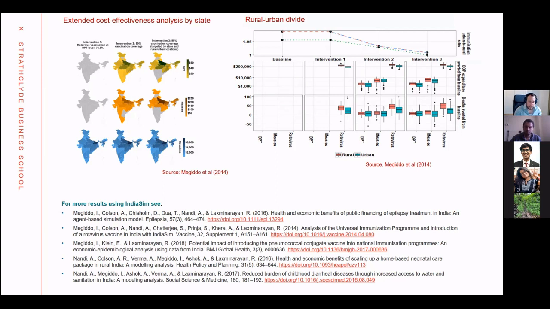This is from a study from 2014, before the rotavirus vaccine was introduced, and also expanding DPT and measles vaccination as well. So this is just to give an idea of what some outputs are.